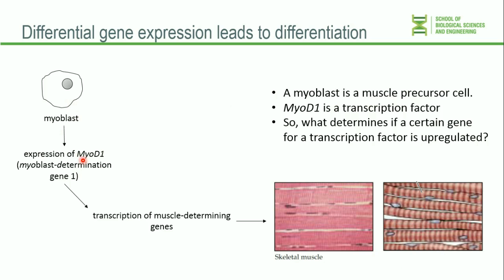The gene that is being described is MyoD1, and that stands for Myoblast Determination Gene 1. This particular gene encodes a protein that will trigger the transcription of other genes.